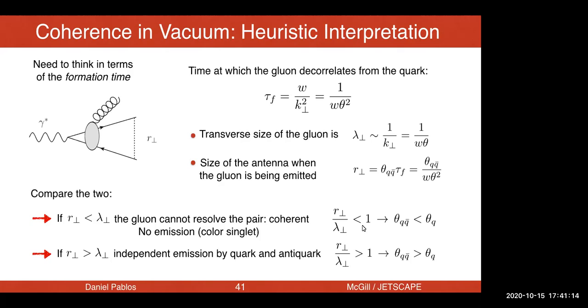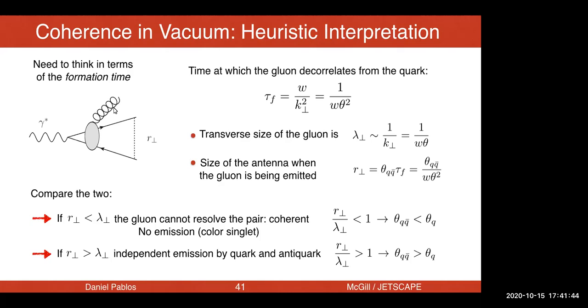The only way in which emission would be allowed is, so the area which is forbidden is precisely angles that are above the opening angle of the antenna. Because for such angles, the gluon cannot resolve that there are actually individual color charges and only sees the total zero color charge.